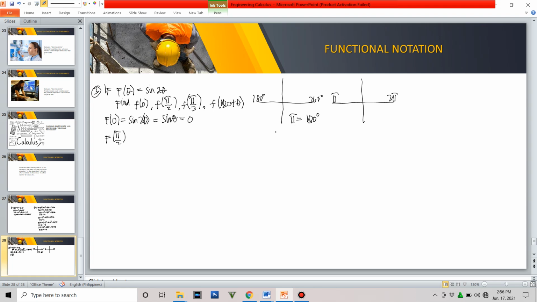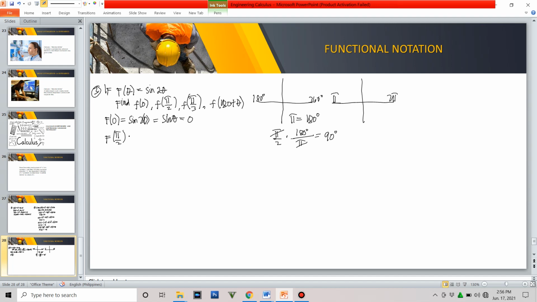So for pi over 2, let us just multiply this by the conversion factor, wherein pi is equal to 180 degrees. Hence, that is 180 over 2, which is equal to 90 degrees. So pi over 2 simply is equal to 90 degrees.